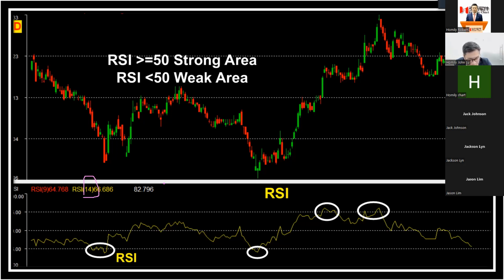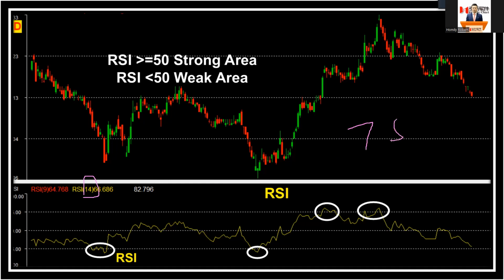So I only use 75 for overbought and 25 for oversold. I have been in Singapore around 13 years, and I use this to catch the STI low and high, very accurate. I can show you.